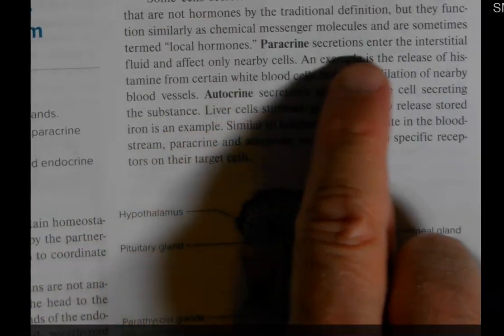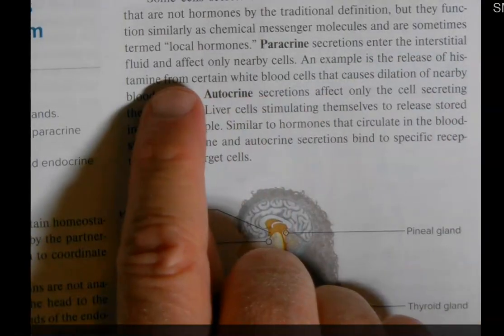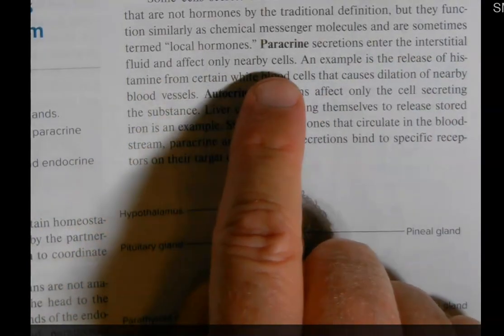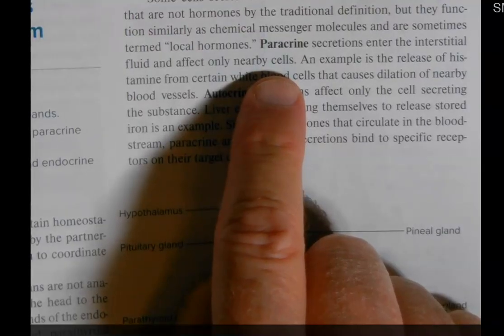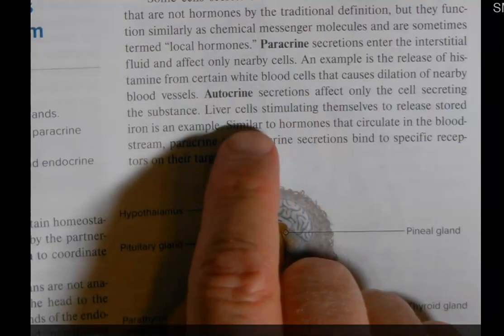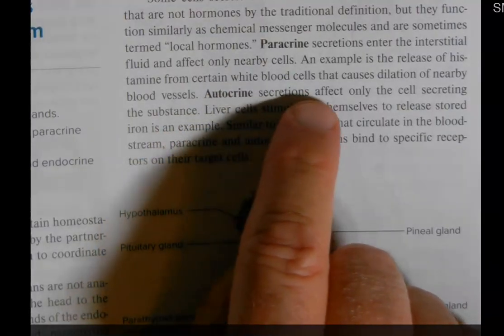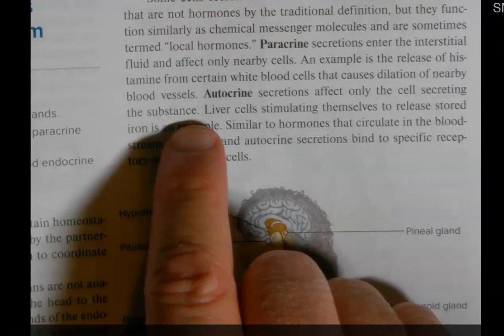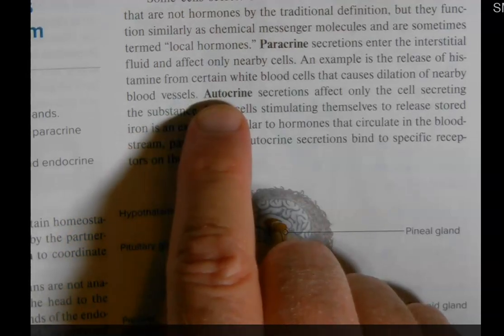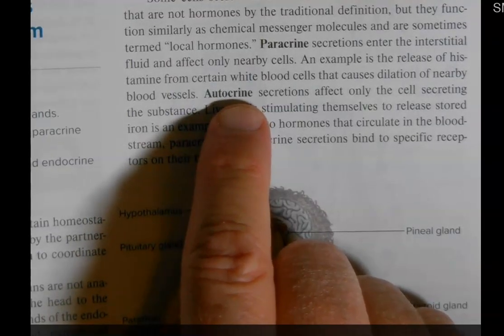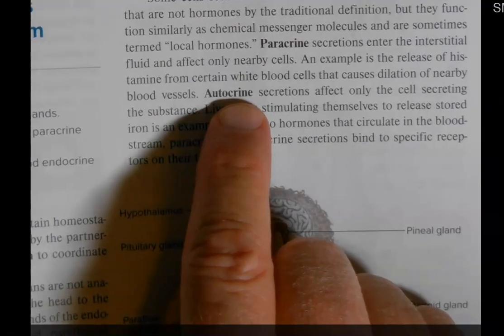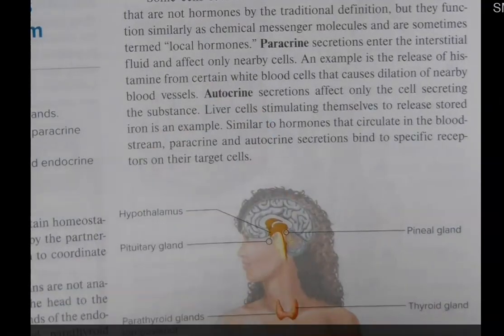So you notice that paracrine secretions enter the interstitial fluid and affect only the nearby cells. So in other words, they don't reach the bloodstream and get carried off to another part of the body far away. And then autocrine secretions affect the cell that secreted the substance. So going back to those word roots, auto means self. So autocrine means that the cell communicates with itself. It triggers itself to do something.